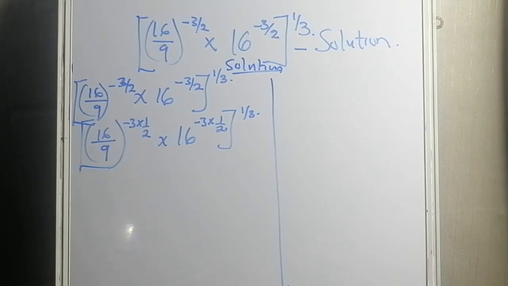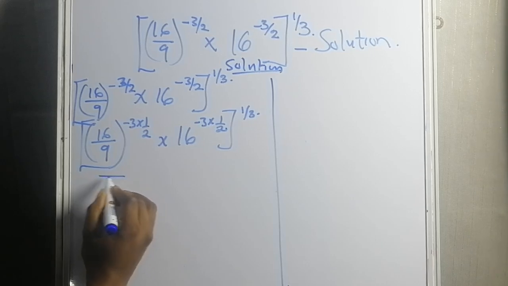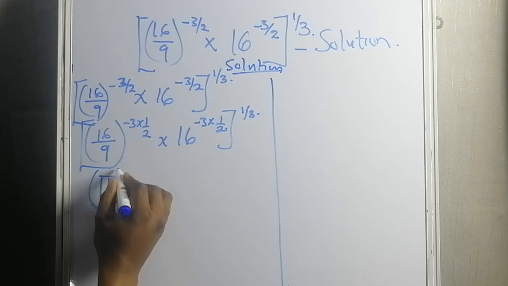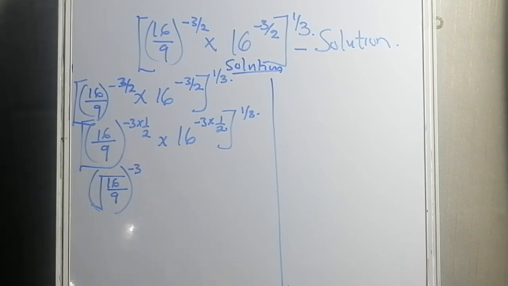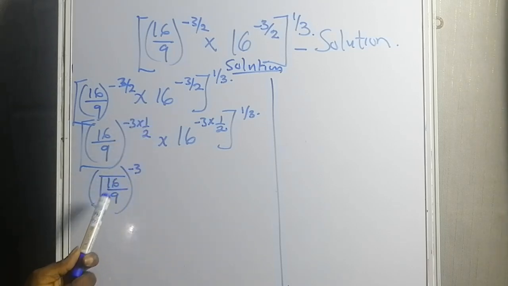All you just need to do is apply the square root here. So here we can now say that this is the same thing as the square root of 16 over 9, all raised to power minus 3. So the 1 over 2 is the same thing as square root.